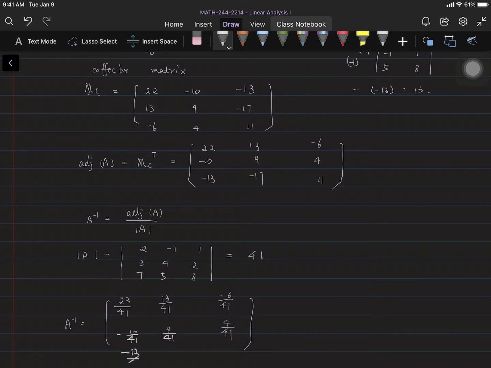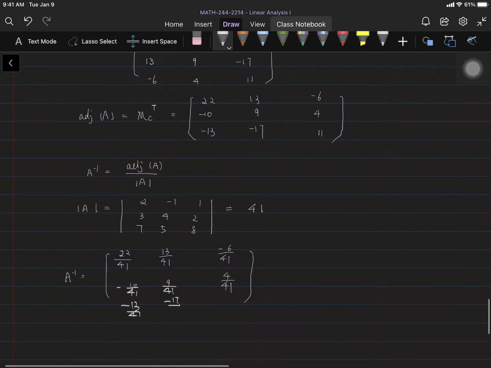And then you can notice this inverse matrix is pretty complicated because it has a lot of big rational numbers.